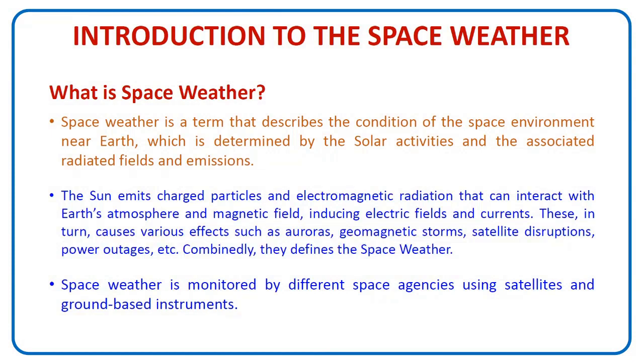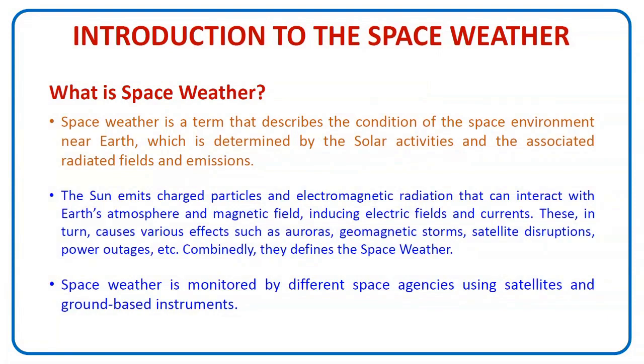If we understand these two terms, it would be very easy for us to appreciate the definition of space weather. Space weather is defined as the term that describes the condition of the space environment near Earth. Just note this term, near Earth. I'll explain why we have put this. It is determined by the solar activities and the associated radiated fields and emissions.